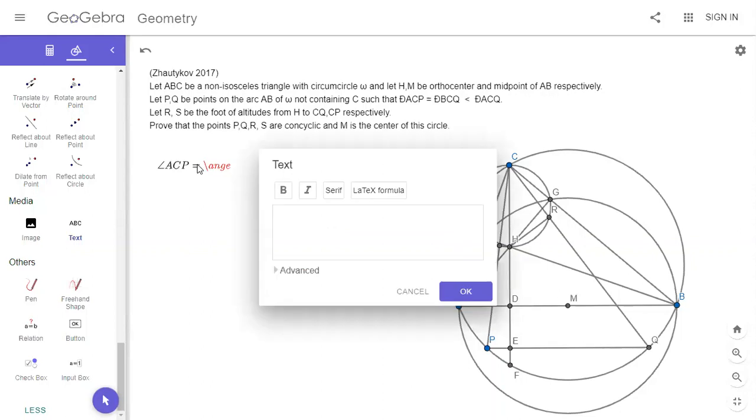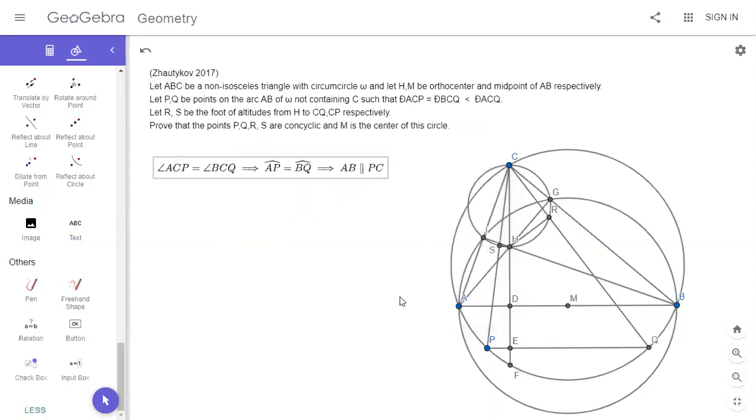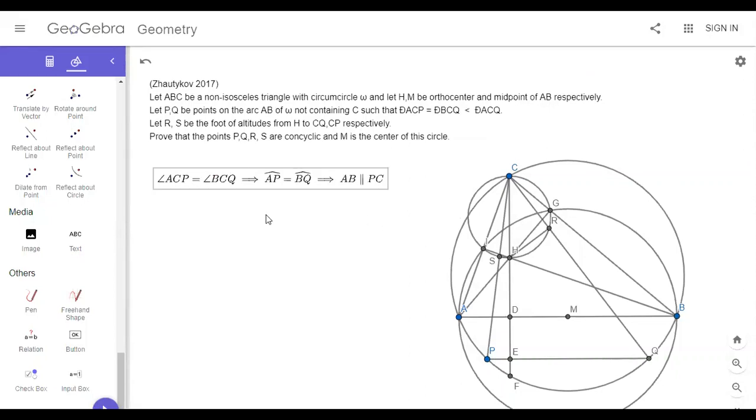So whoops. And so then that means, yeah, so first we were showing PQRS is cyclic. And that really is just an angle chase. So it's PQ. Yeah, PQ.